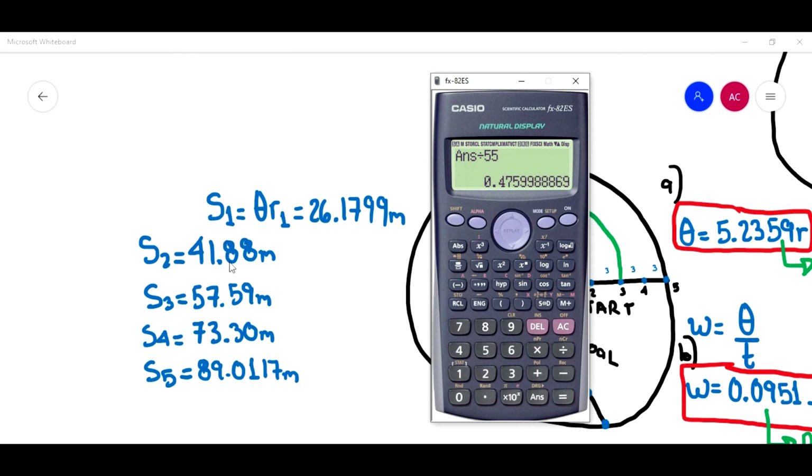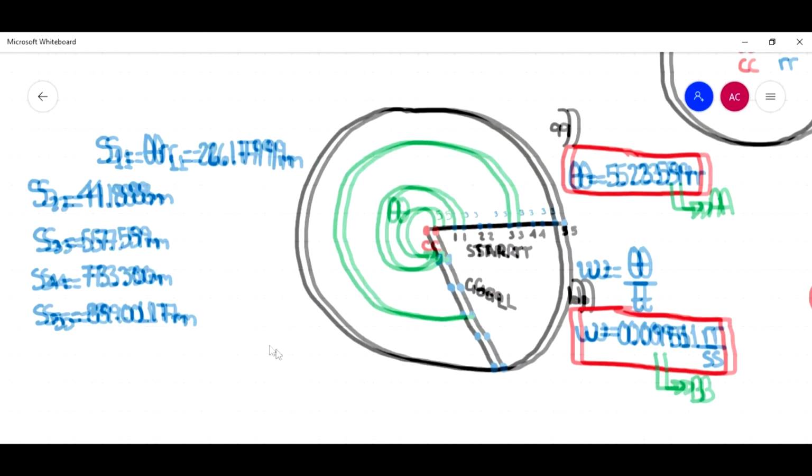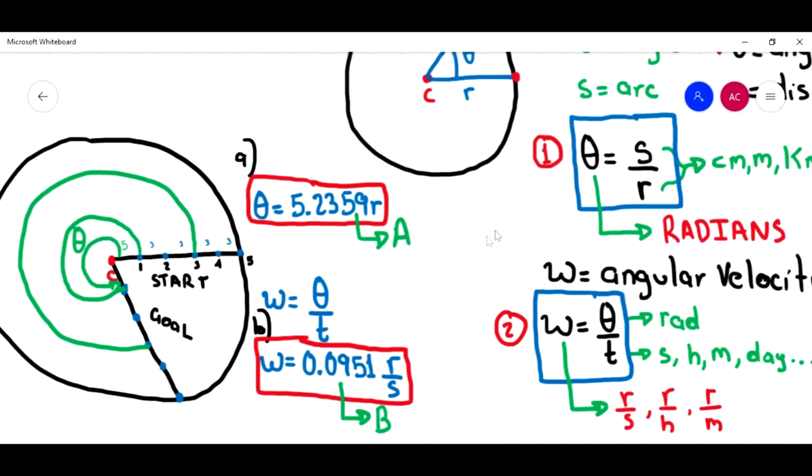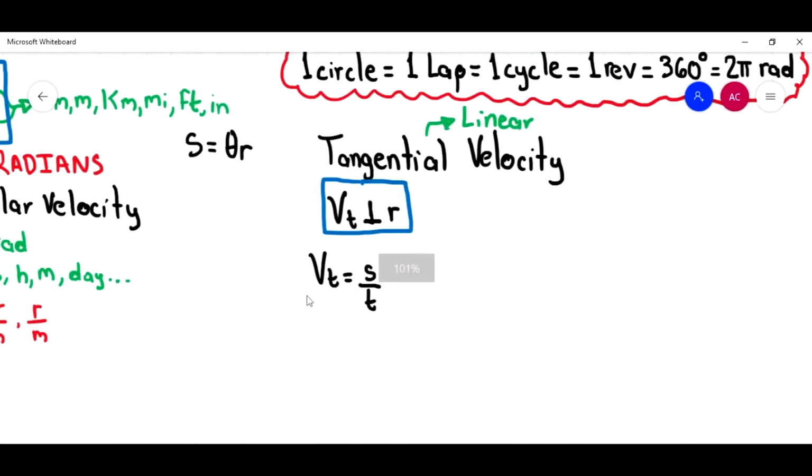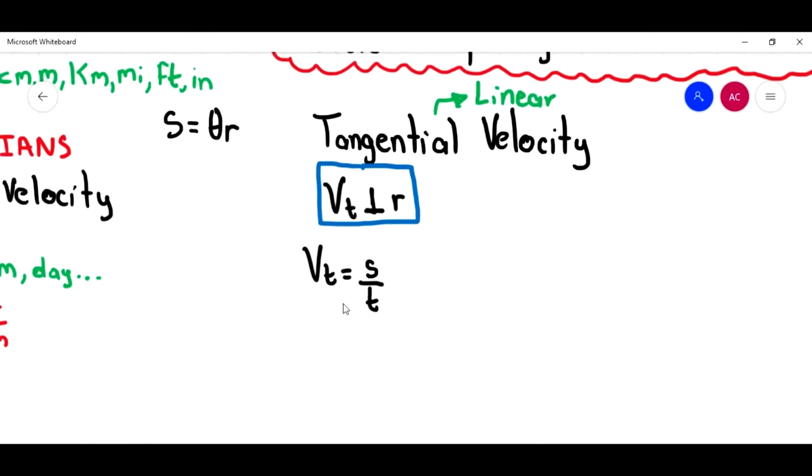So if I got this one, 41.88 divided by 55, this is the tangential velocity measured in meters per second. But right now I'm not going to find them because I'm going to continue with this equation, and that will be the end of the video.